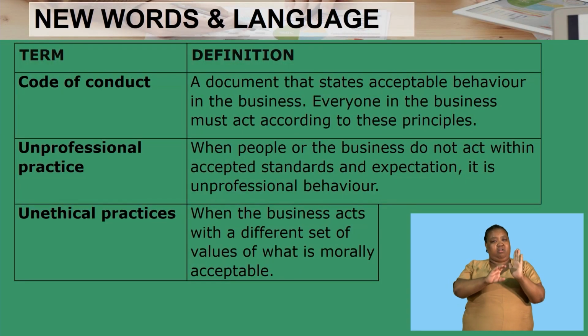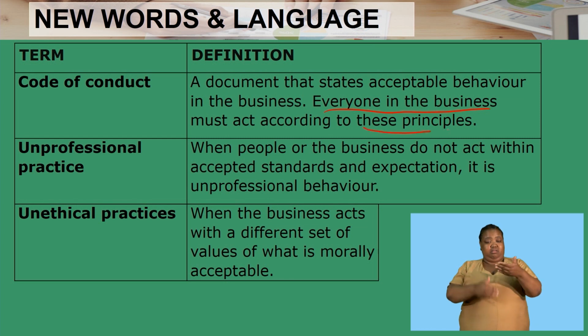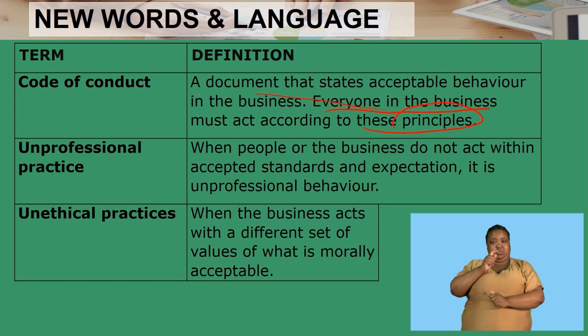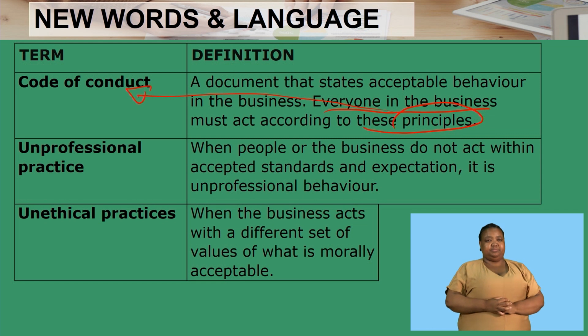Now we get on to our new words and language. We'll come across these words as we are busy with the content throughout the lesson. A code of conduct is a document that states acceptable behavior in the business. Everyone in the business must act according to the principles in the code of conduct.